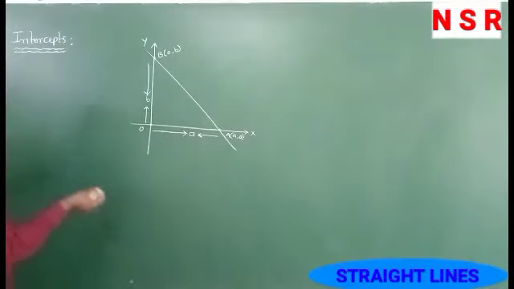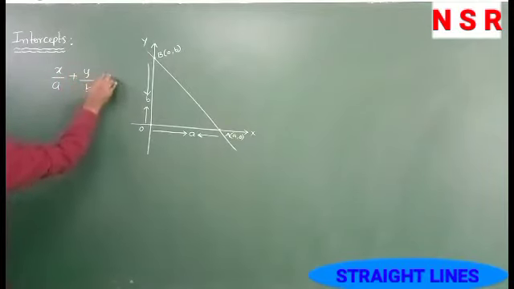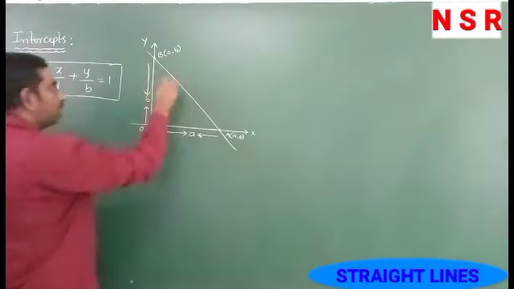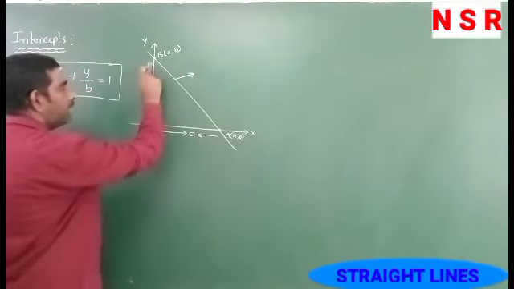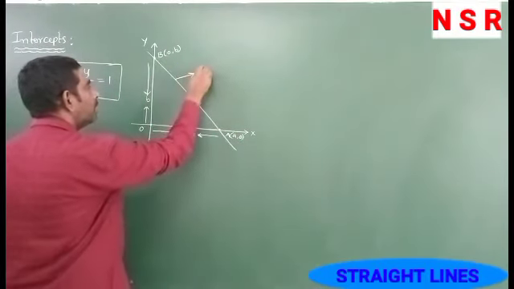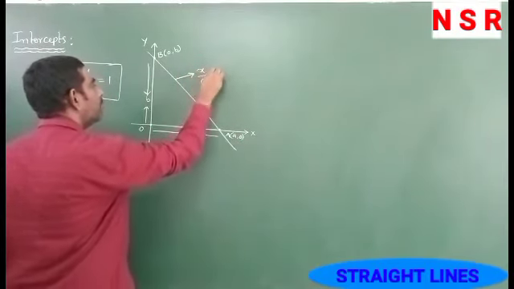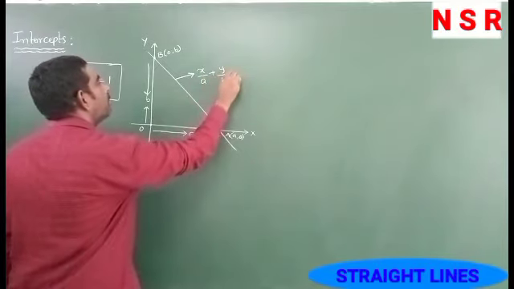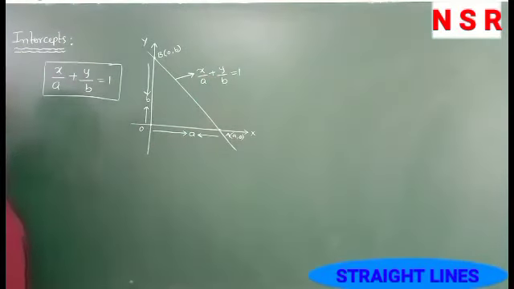So we have the intercept form of a straight line, that is x by a plus y by b equal to 1. So this is the intercept form. The line touches the x axis at a comma 0 and the y axis at 0 comma b. Now this straight line form is x by a plus y by b equal to 1.